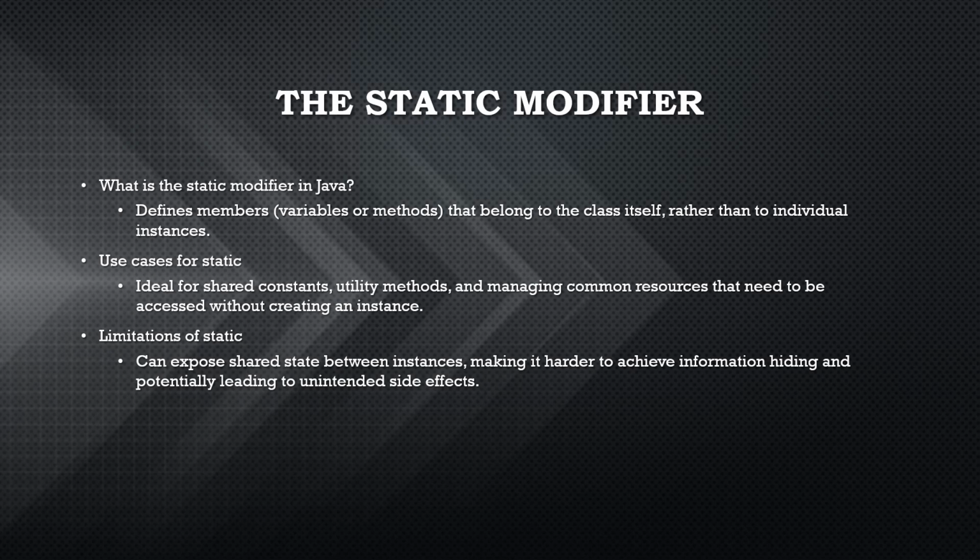However, using static also comes with limitations. It can expose shared state between instances, which complicates information hiding and may lead to unintended side effects if multiple instances interact with the same static member. Thus, while static enhances convenience, it requires careful management to avoid compromising encapsulation.